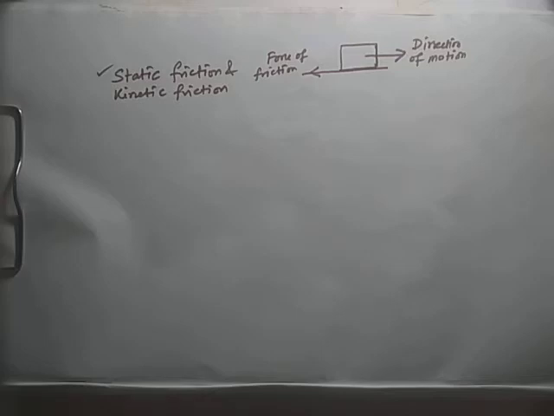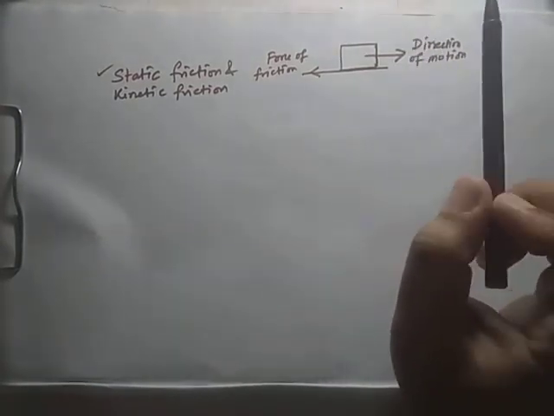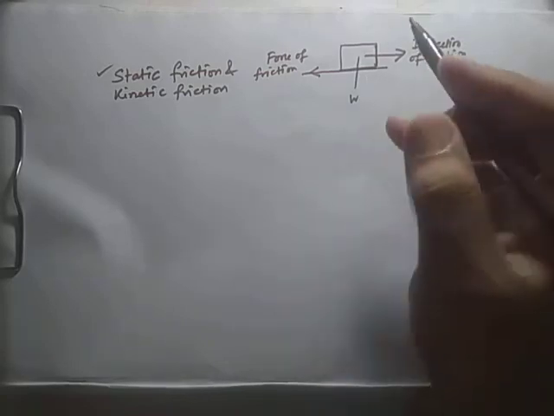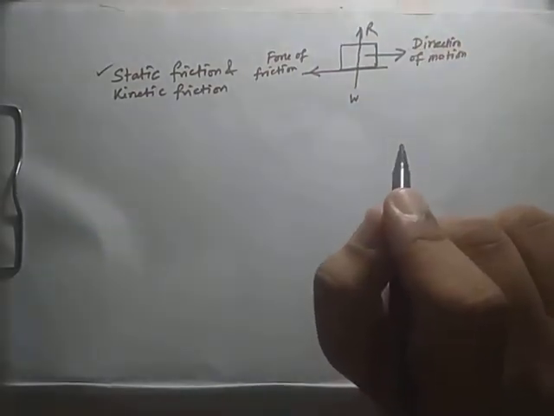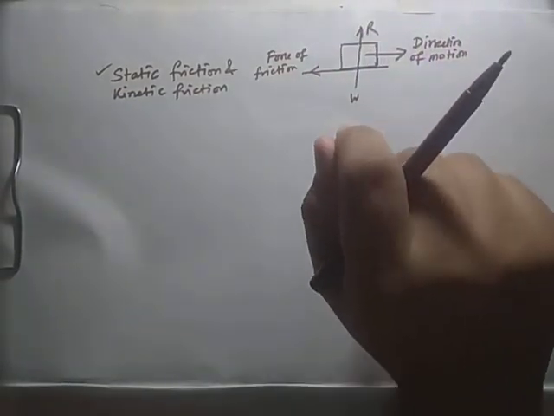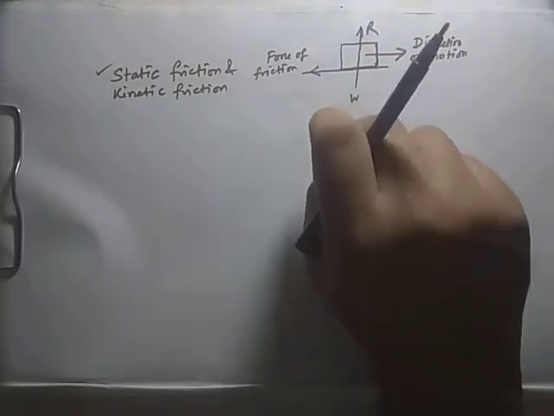So in this block, consider a wooden block of weight W, and as the weight is W, a reaction force will act in the upward direction, and it is resting on the floor or tabletop. The weight W is balanced by the equal and opposite normal reaction.